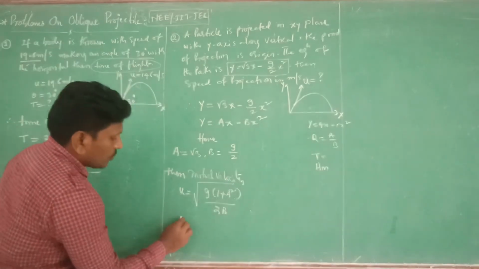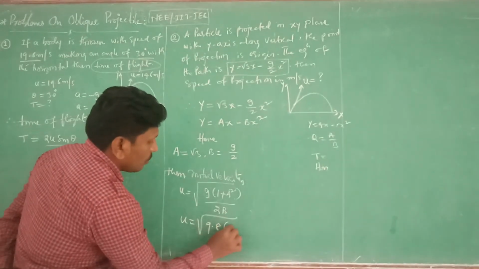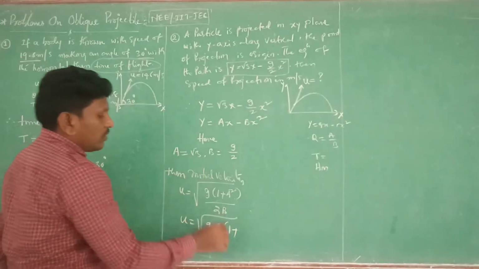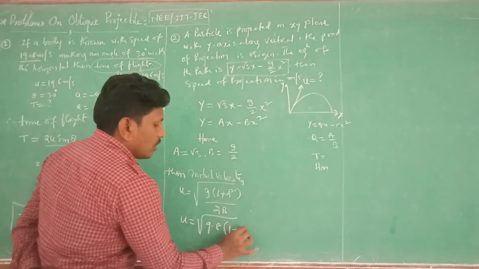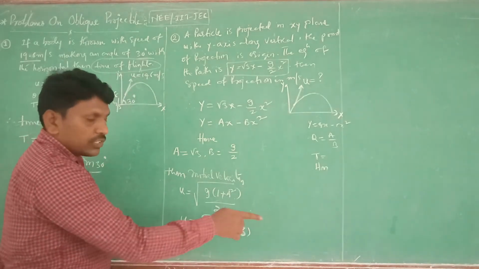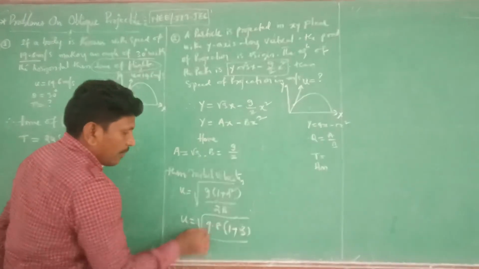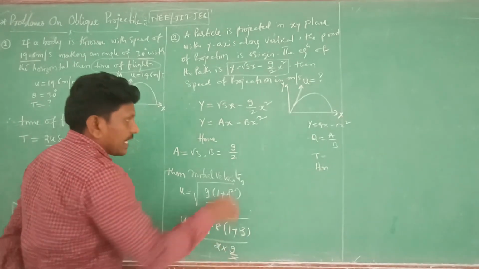So in that case, u is equal to what? Square root of, this is 9.8, 1 plus a, nothing but what? Root 3. Root 3 and square gets cancelled. By 2 into g by 2, the 2 gets cancelled.